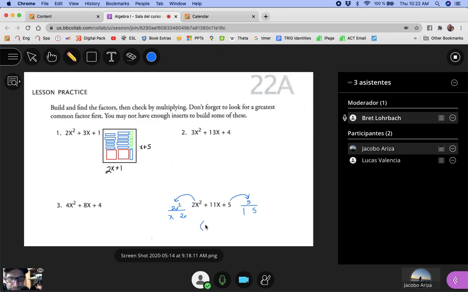I can do x plus 1 or 2x plus 5. Or I can change the 5 and the 1 and write it this way. I can say x plus 5 and 2x plus 1.